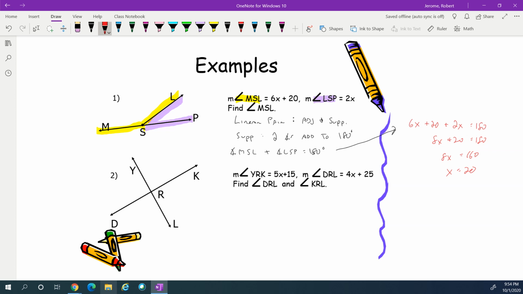We were asked to find angle MSL. So we're going to take angle MSL is 6x plus 20, and we're going to plug that in. 6 times 20 plus 20, and we get 140 degrees for angle MSL.